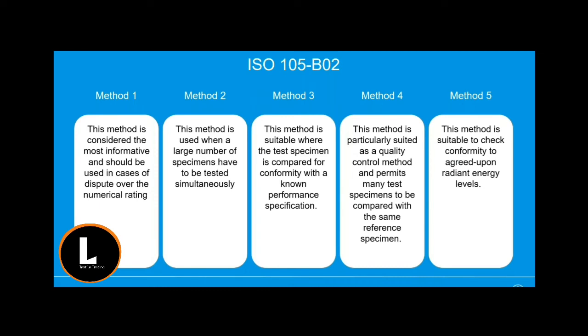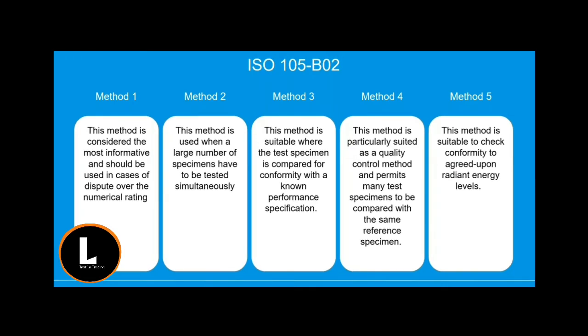So for methods 1 to 4, assessment of fading of the test specimens or reference samples is critical to obtaining valid results. It is not sufficient to rely on exposure time, usually in hours, to determine the end point of the various stages of each method.